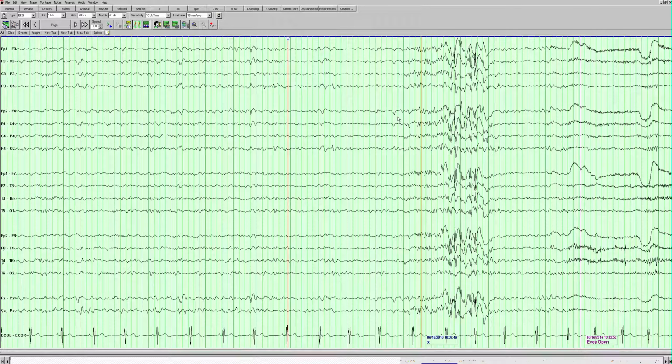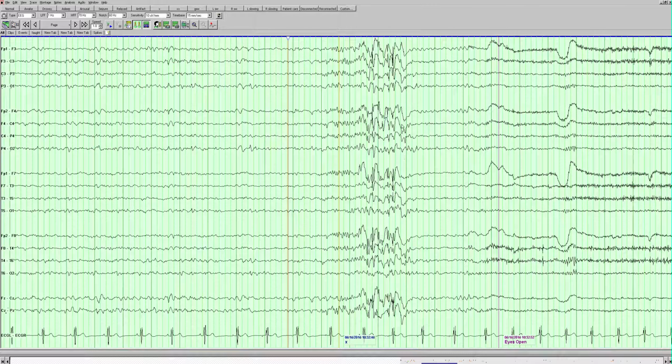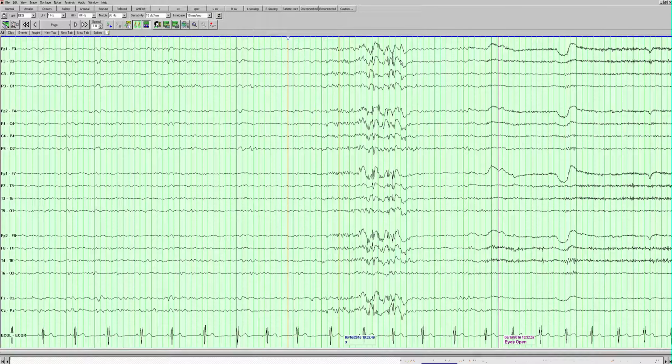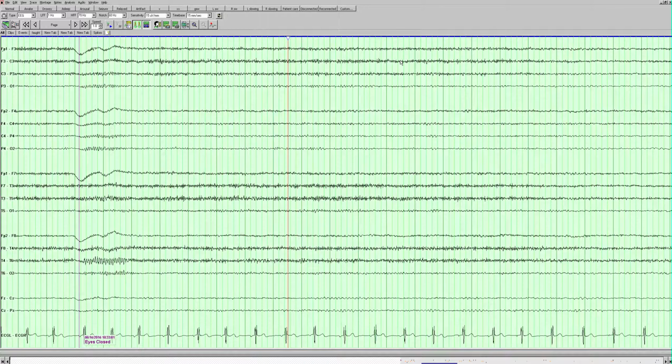And more vertex waves, and there's another burst. It looks like maybe a bit of an arousal, and then she has some intermixed diffuse spikes there, and as I said, they look diffuse. I don't really see any clear asymmetry there.